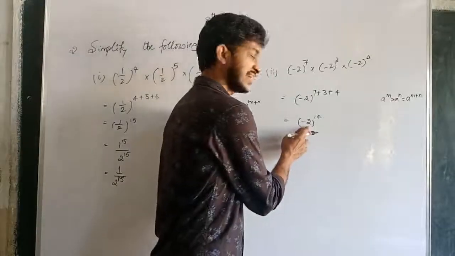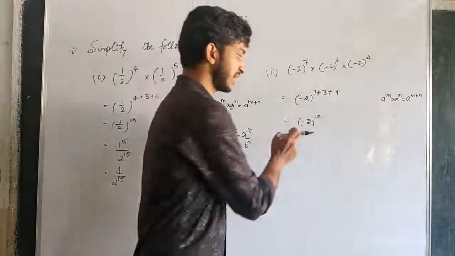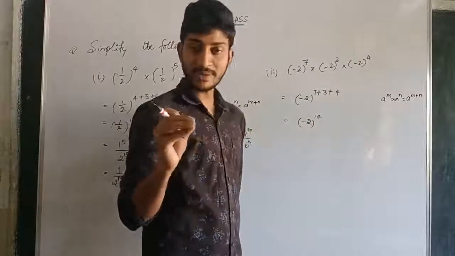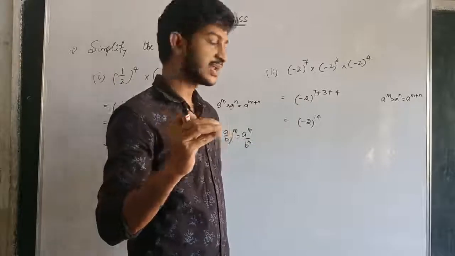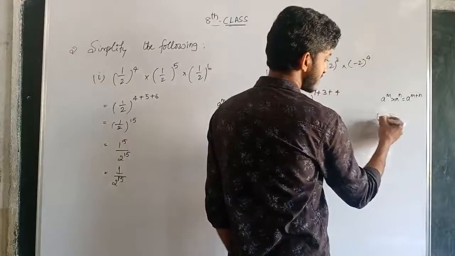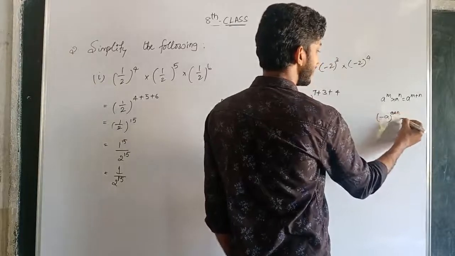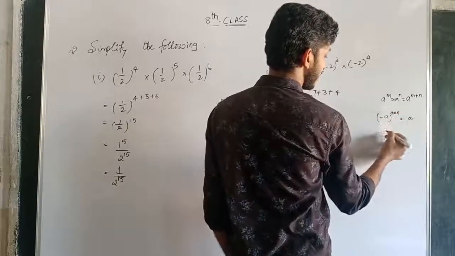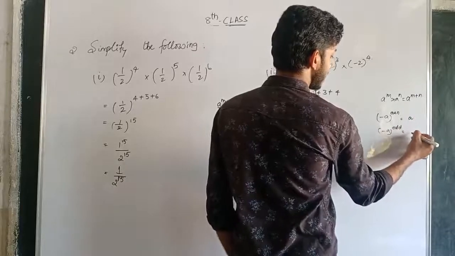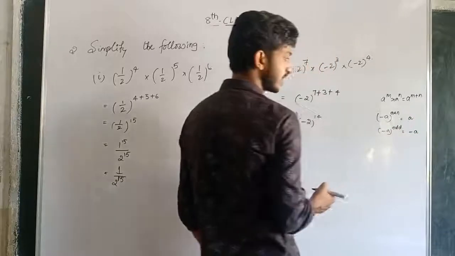-2 is a negative number, but the negative number has a positive power. If a negative number has an even power, then it becomes a positive number. If a negative number has an odd power, then it becomes a negative number, okay.